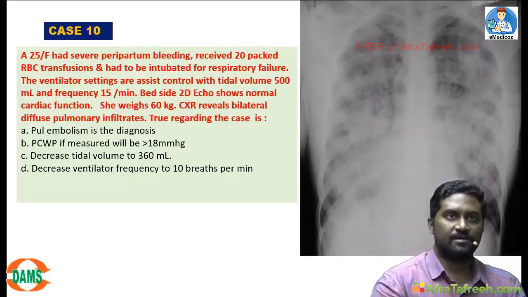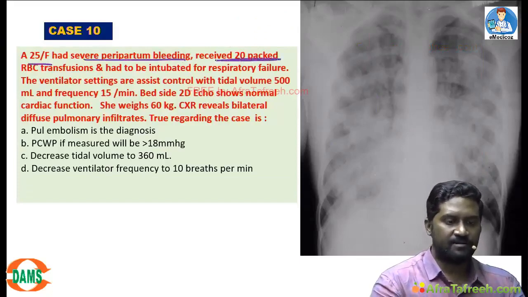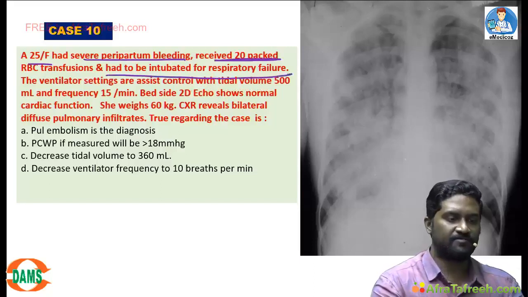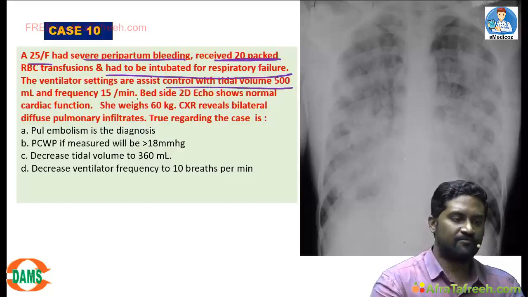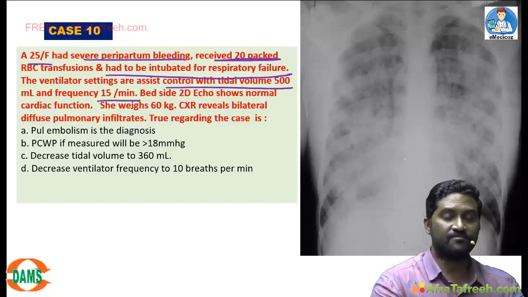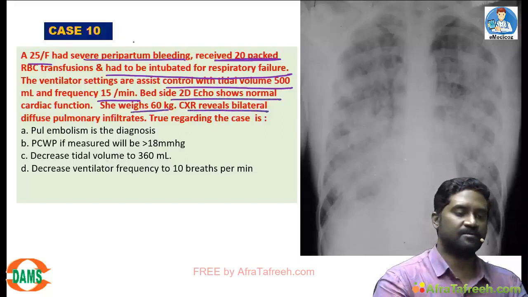Then case number 10. A 25-year-old female had severe peripartum bleeding, received 20 packed RBCs and had to be intubated for respiratory failure. The ventilation settings: tidal volume 500, frequency of breaths 15 per minute, echo was normal, she weighs 60 kgs, and the chest X-ray is showing bilateral diffuse pulmonary infiltrates.